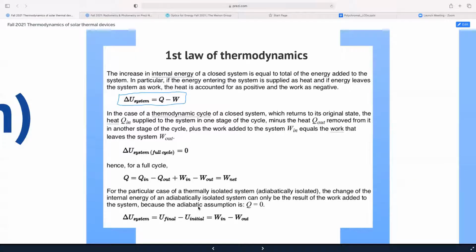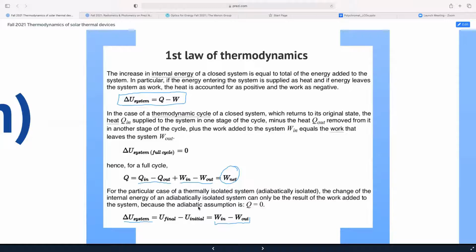In other words, we can write for a full cycle, the heat in minus heat out plus work in minus work out is the net work in the system. And the change in the system energy, internal energy, is the work in minus work out, or the net work.